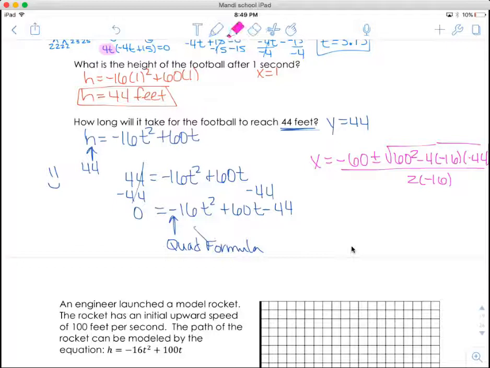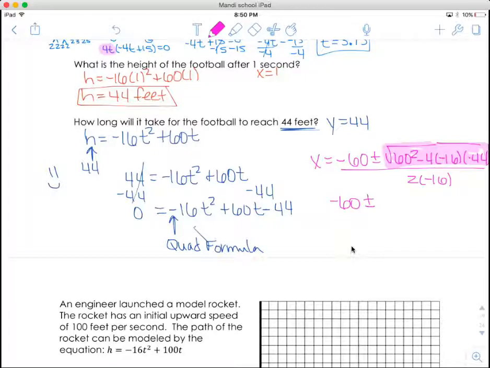And you take this part, drop it into your calculator so we can see what we get. So negative 60 plus and minus. When we put that in our calculator, now remember the negative signs, minus signs are on the outside. Inside of the parentheses, that's when we get the negative signs.